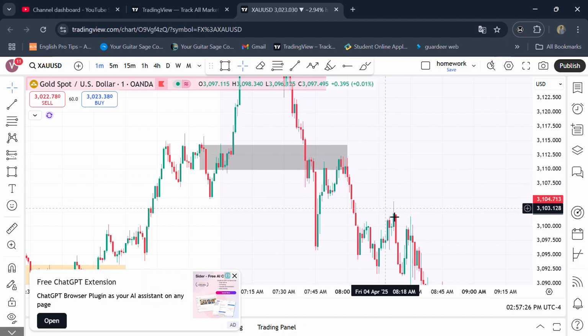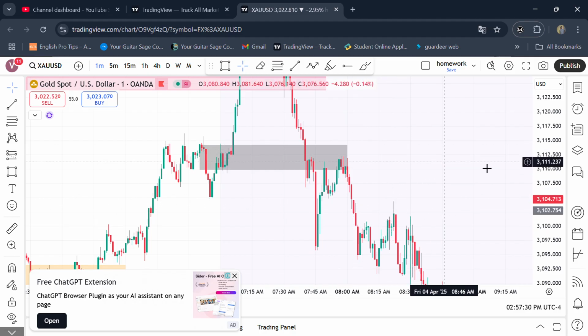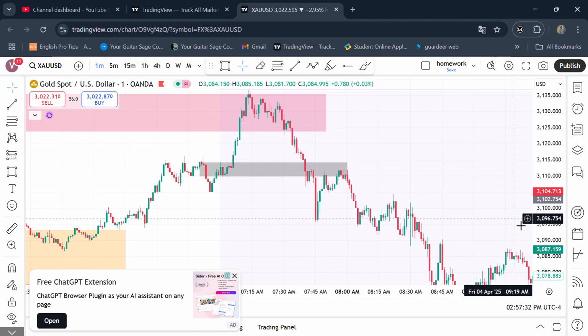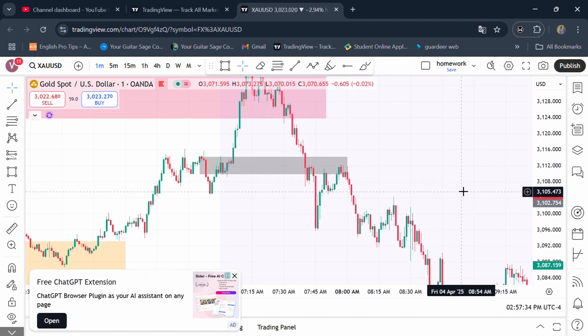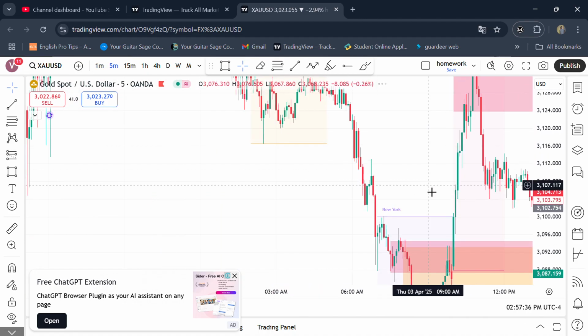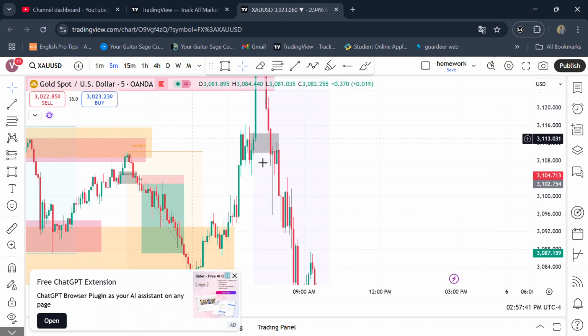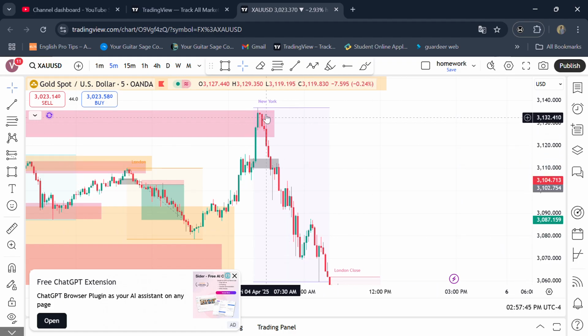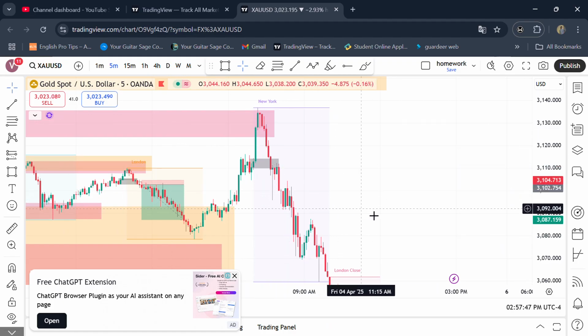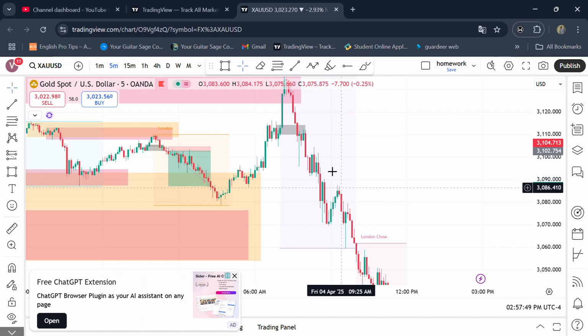So it wasn't giving us enough confirmation whether the price is going to continue downwards or not. So that's why this trade was avoided. The sell trade was not taken, and I was also unavailable during the beginning of New York. That's why I wasn't able to take this trade.